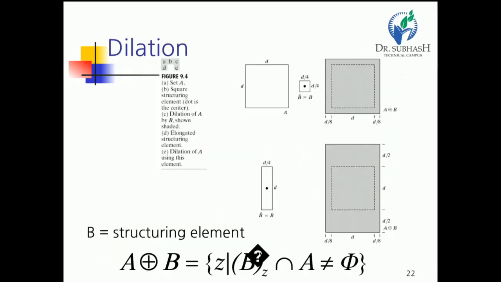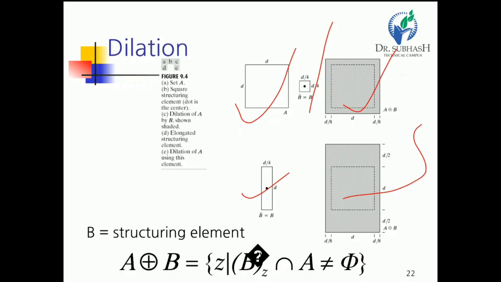Again, this is the example of dilation. In figure A, that represents the set A. Figure B is a square structuring element, and C is the dilation of A by B. It can be represented with the shaded area. Now with an elongated structuring element, the dilation of A can again be represented by the shaded area.